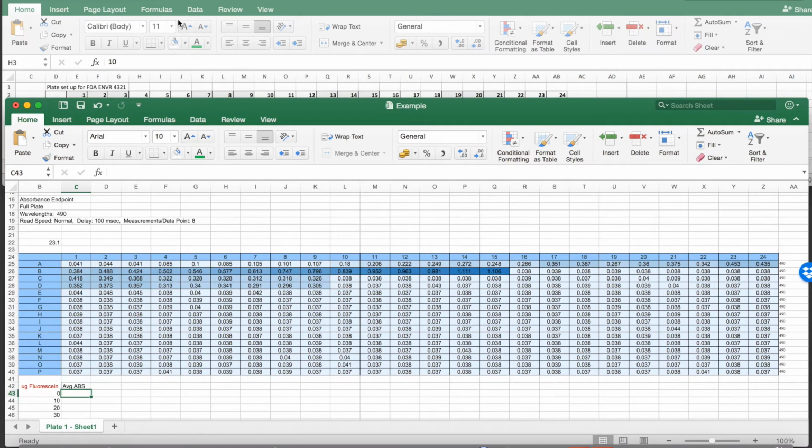So first, I'm going to average the absorbance on my standard that received no concentration of fluorescein.